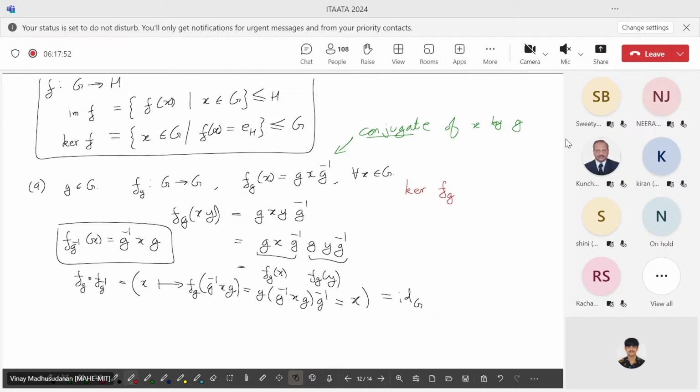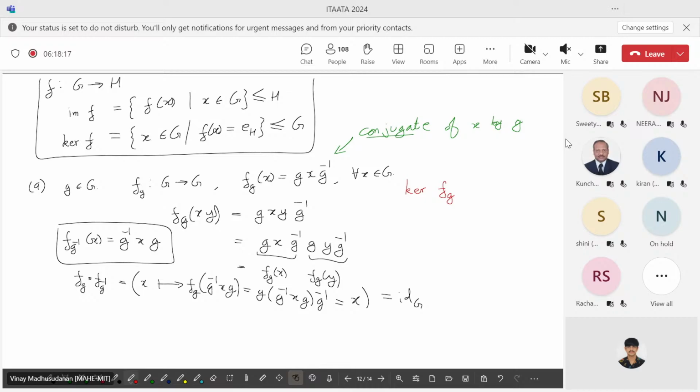So if G is abelian, f_g is what? It's the identity mapping. Correct. f_g of x equal to x, that is identity.